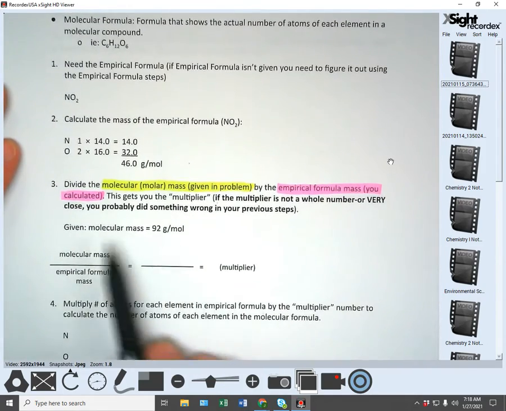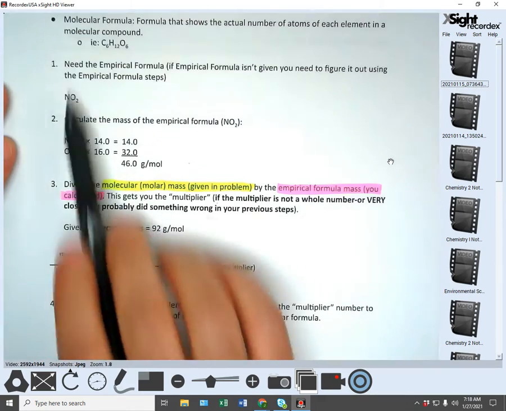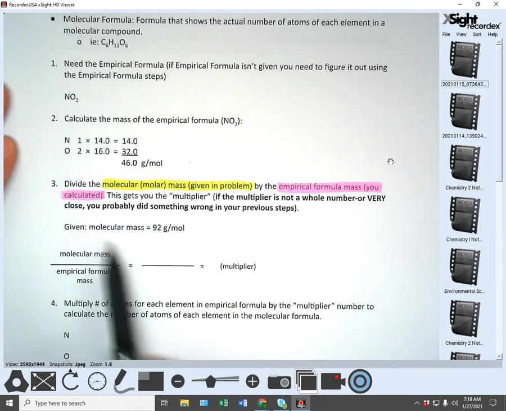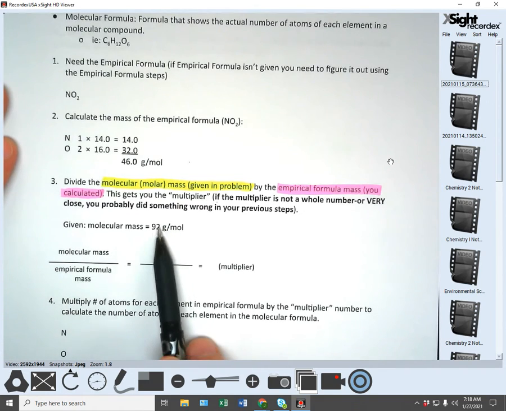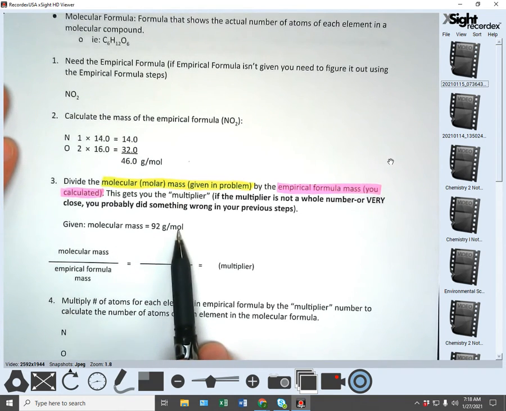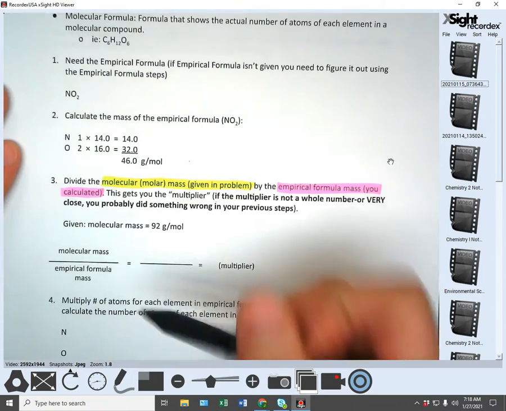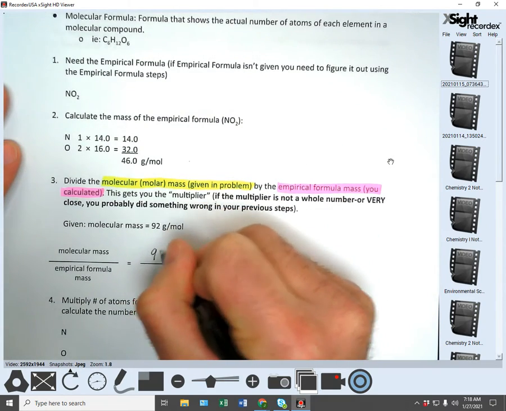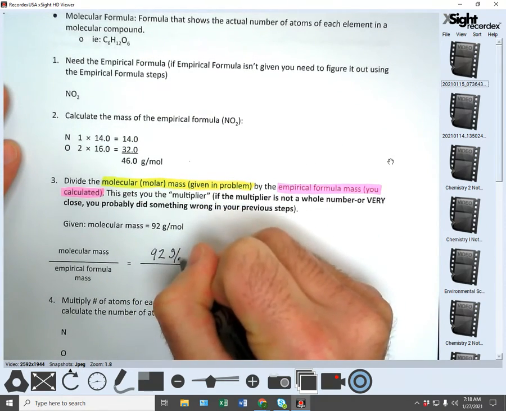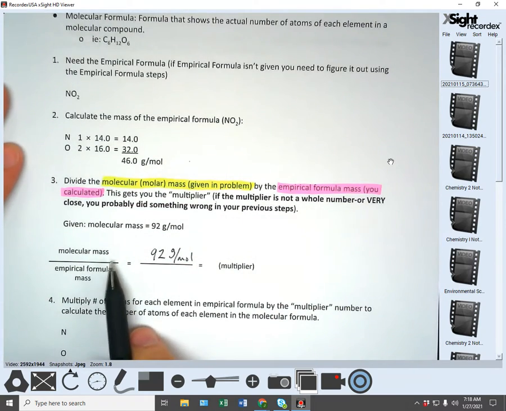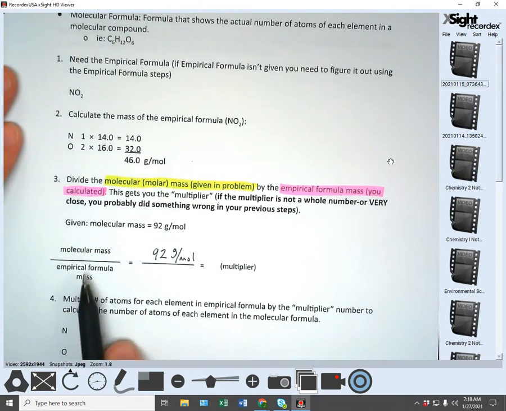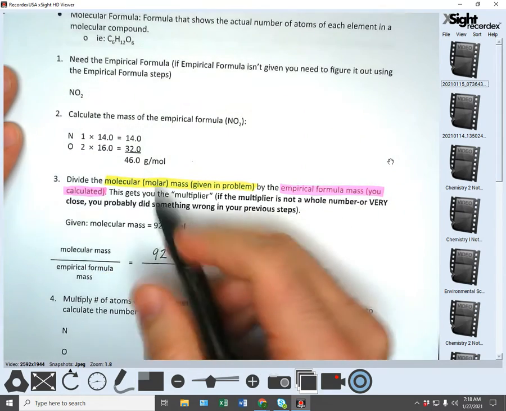Okay, so we're using this example still, the NO2. Let's say they give us a molecular mass of 92 grams per mole. So they're giving us this. That's our molecular mass. So we put that up here. And we calculated our empirical formula mass here.